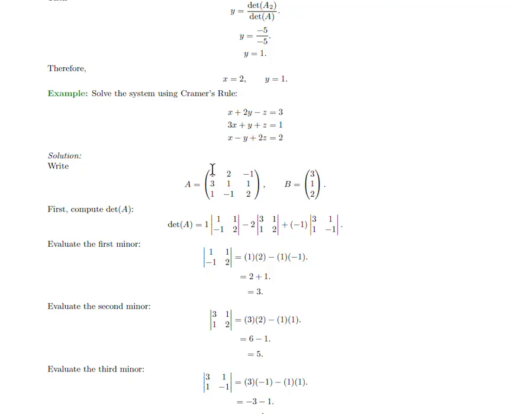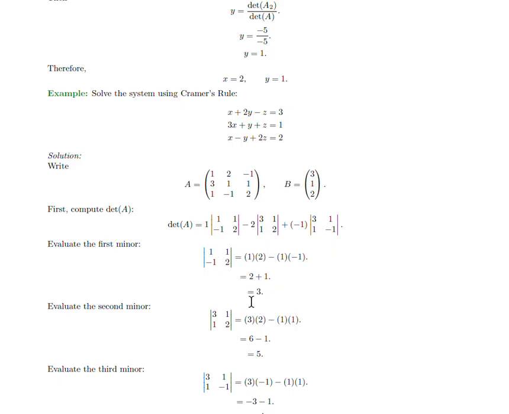Since it's on the first row and the first column, we eliminate the first row and first column. We'll be left with 1, 1, minus 1 and 2. Follow my cursor now. We'll treat that as a 2 by 2, which we already know how to do. We'll find the determinant of that. That will be 1 times 2 minus 1 times minus 1. Right? That's what we have here.